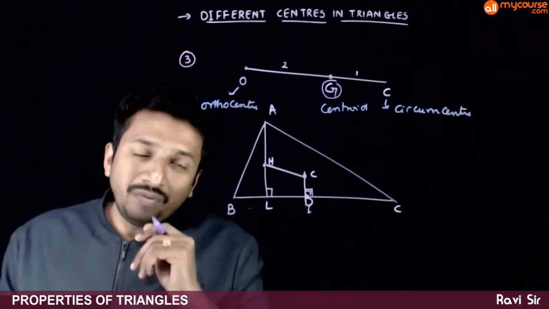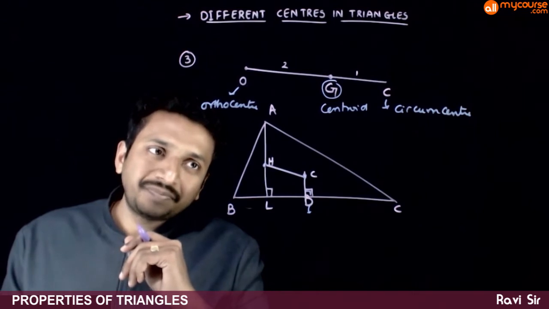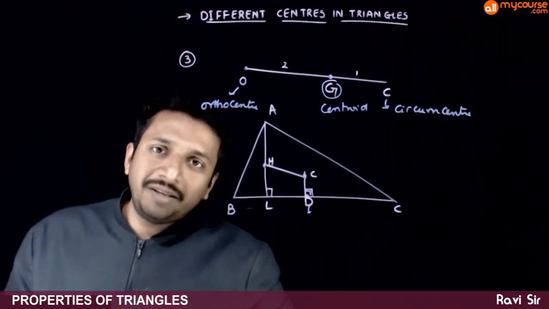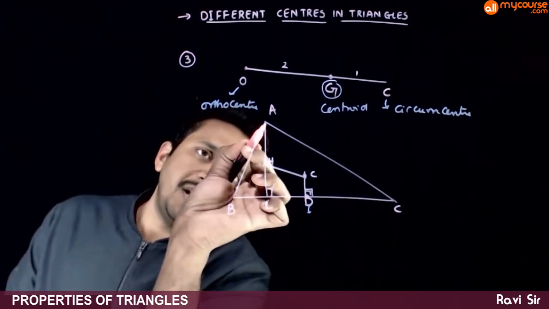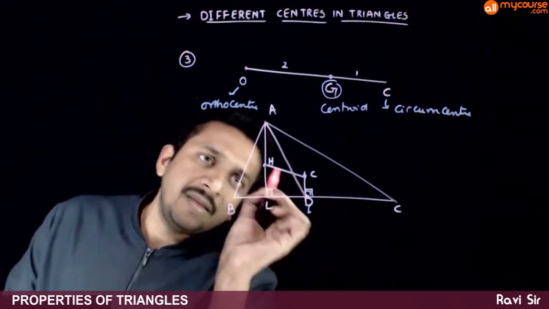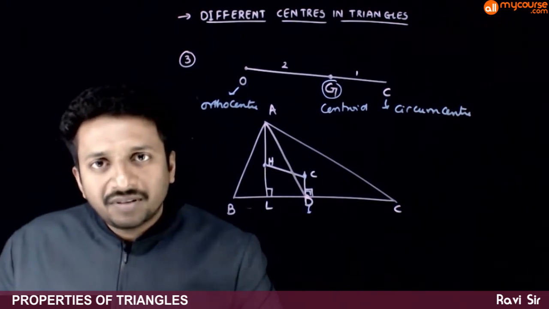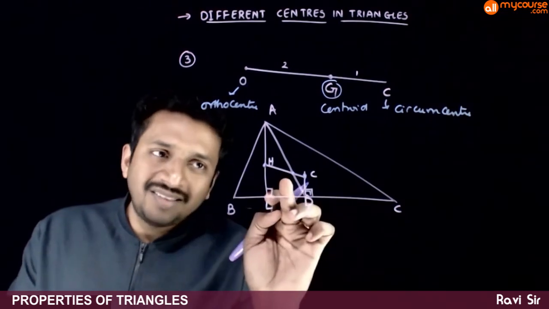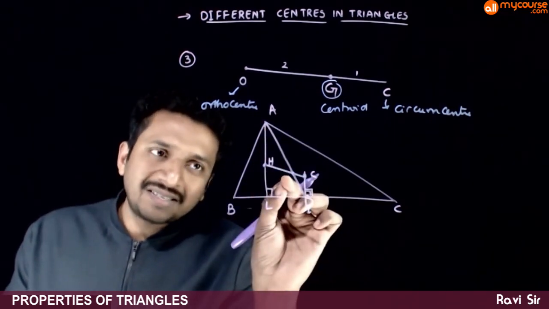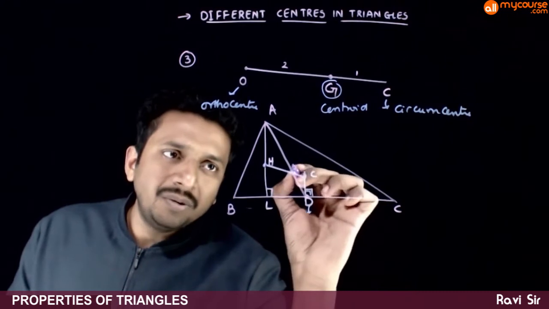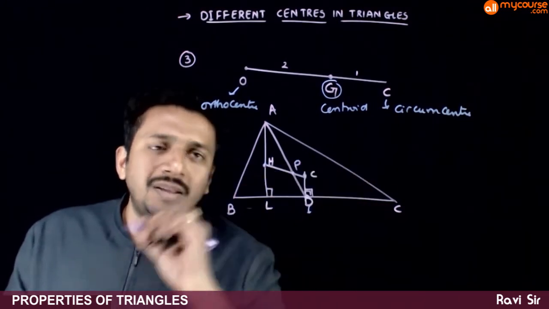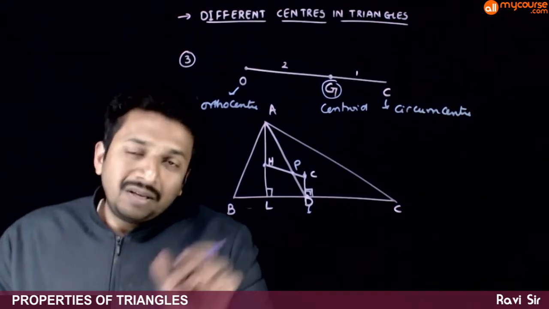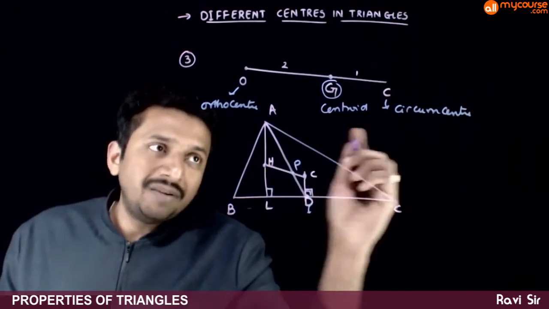Now to prove this, the construction that I do is I'll join AD. So if I join AD, the construction looks like this. So let us say that the point where this AD cuts HC is point P. Now I'll do some derivation.